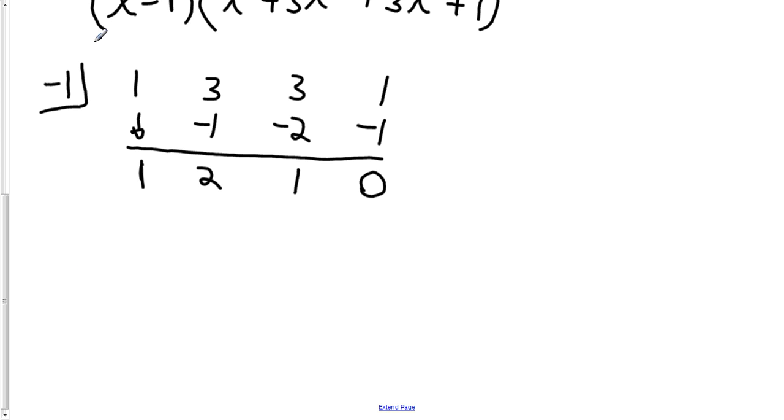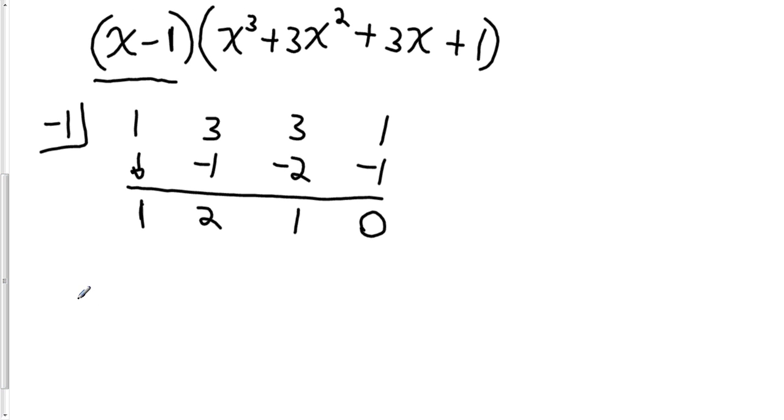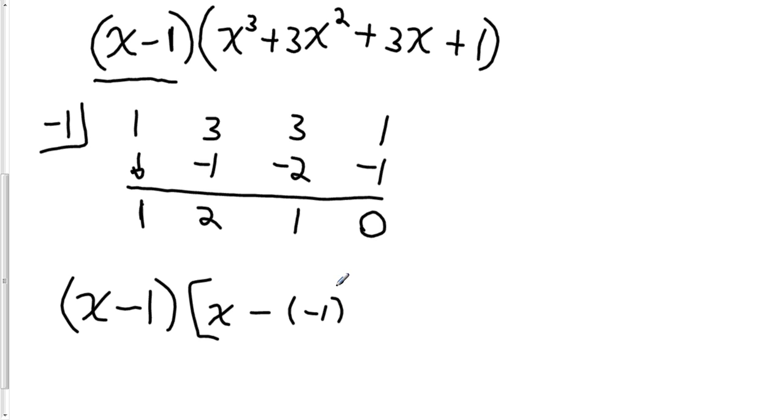So I have this first factor here from before, remember? I have the x minus 1 factor that I've already extracted. And now I've also extracted a second factor of x minus negative 1. So this second factor comes out when I do that second synthetic division, x minus negative 1 or x plus 1.